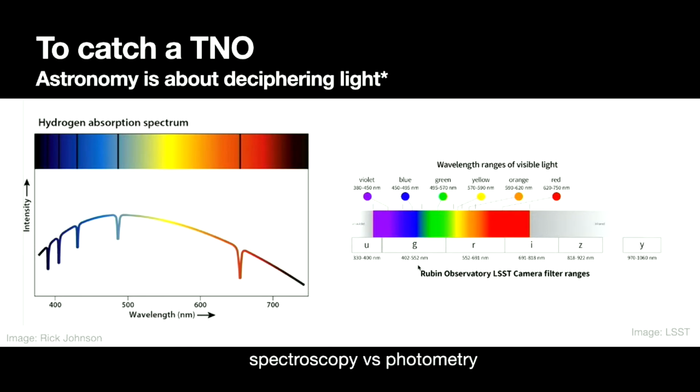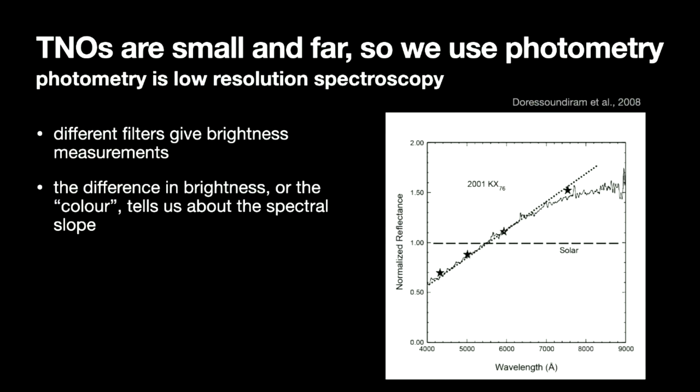So you're just looking at a specific bandwidth of light. In essence, photometry is kind of like a very low resolution form of spectroscopy. Because TNOs are really small and far away, we have to use photometry, because spectroscopy is a method that requires a lot of light.